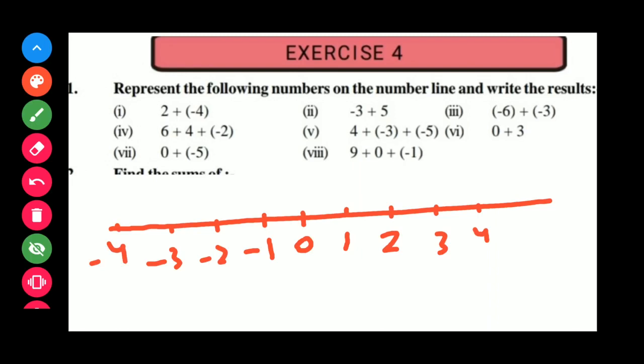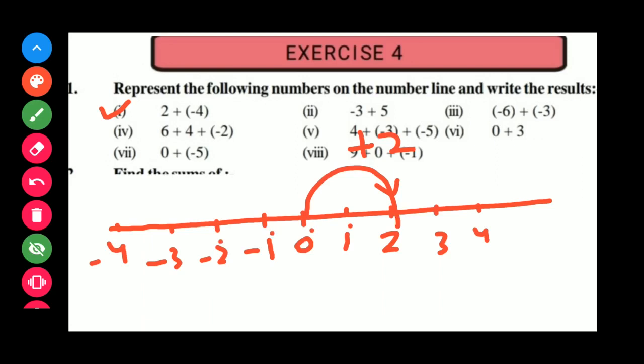So first question, that one is question +2 -4. So you can go +2 like this. It is your +2. You can write here +2. And now second is -4. So -4 is back side. So 1, 2, 3, 4.